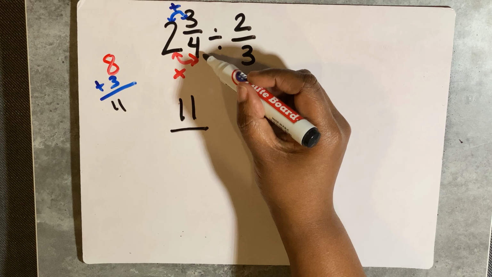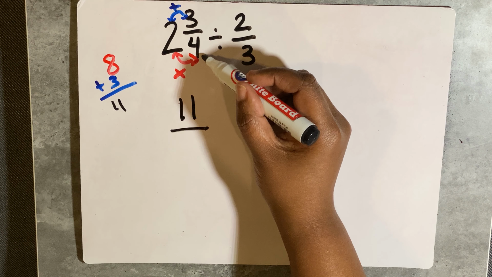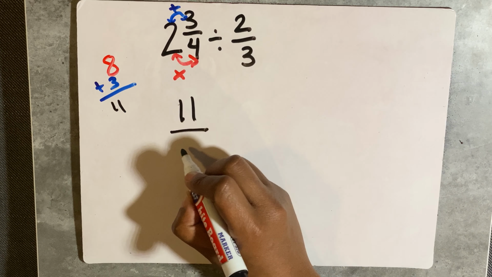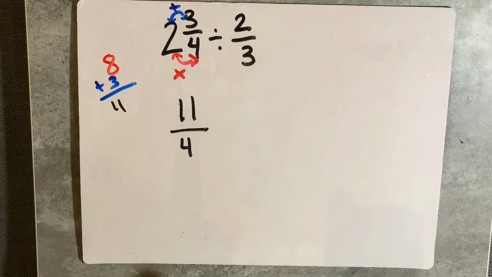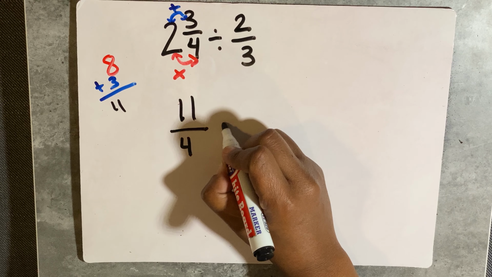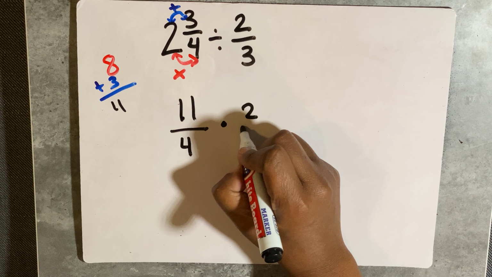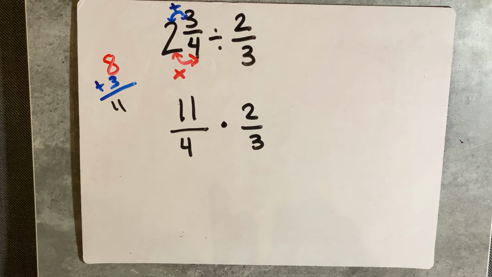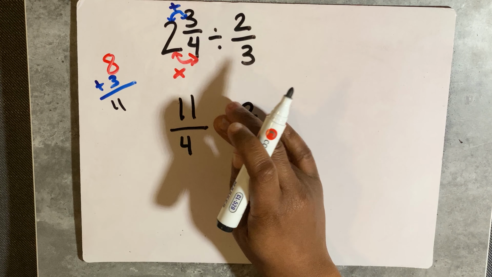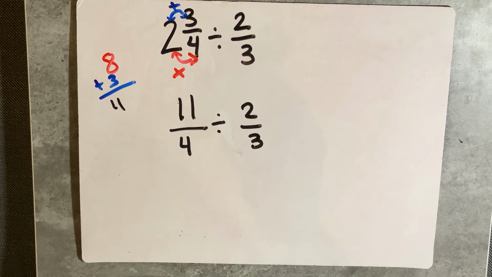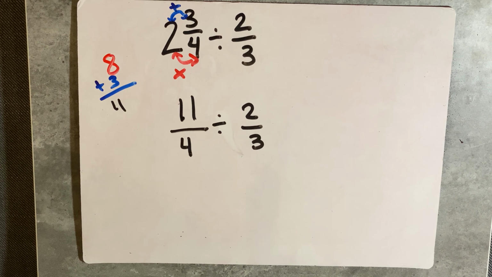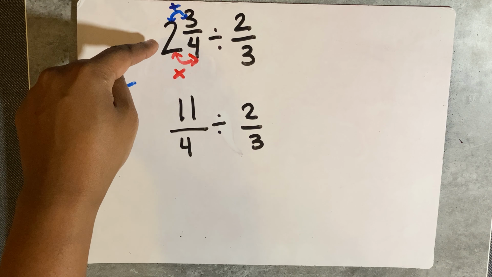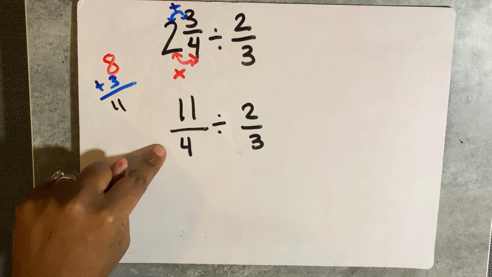What goes on the bottom is the same denominator that I was looking at in my original problem. That denominator does not change, okay? It's the same denominator. And then I fill in the rest of it. So now I've gone from a mixed number to an improper fraction.